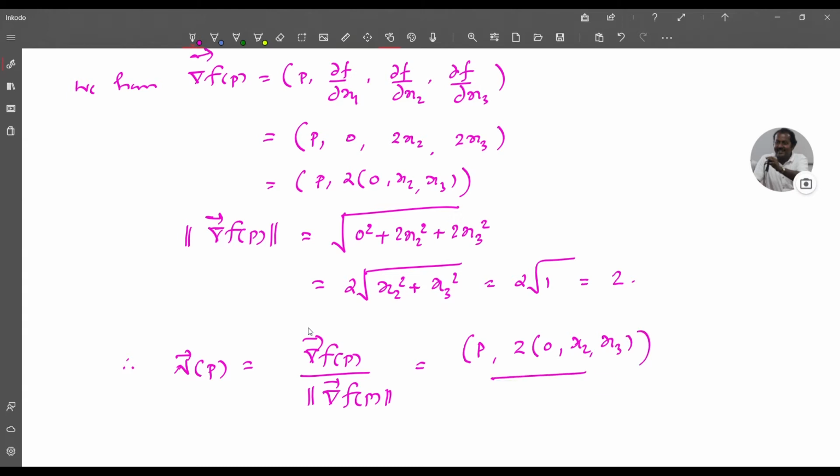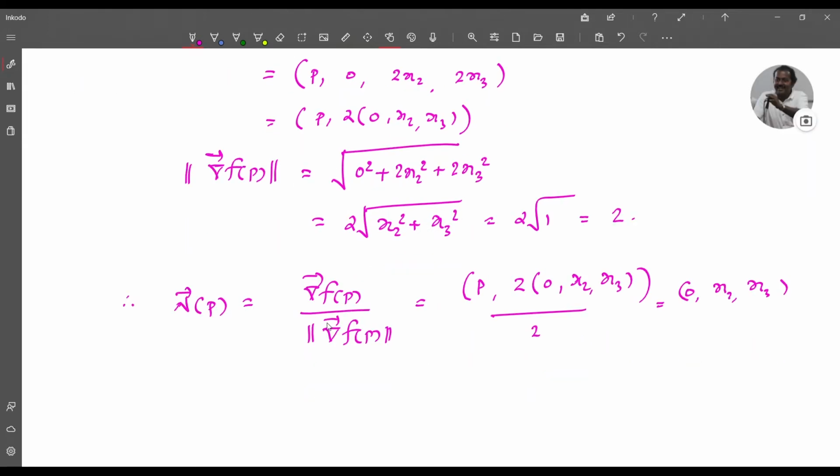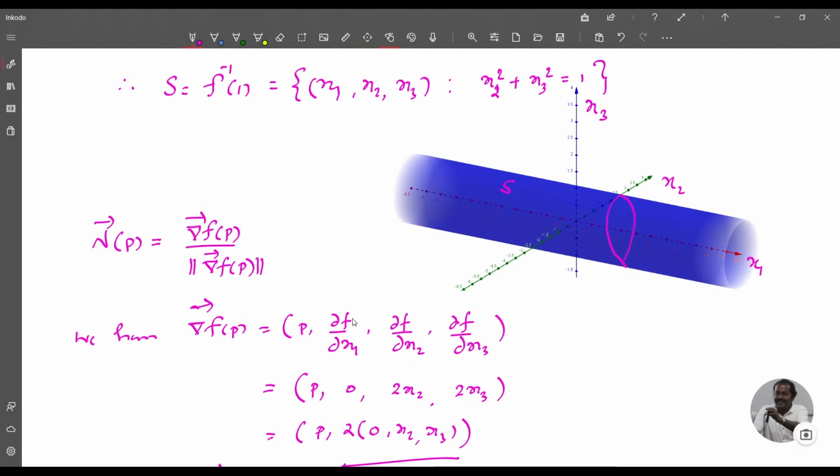So you will get this as (0, x2, x3) at each point p. Therefore you are considering this many points, then you consider a point p here, this will be n of p, and you consider another point p here, this will be n of p, and this will be n of p, etc. So this is the orientation on the surface.